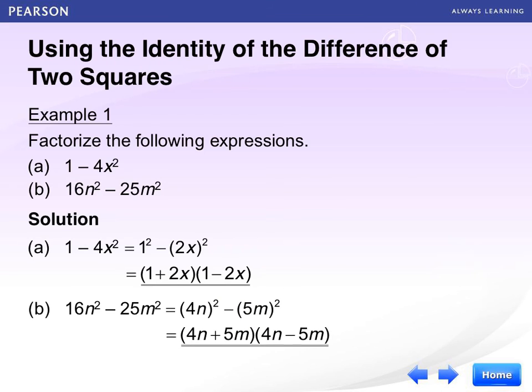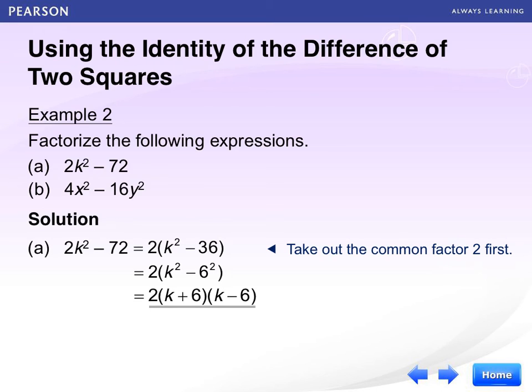And for 16n squared minus 25m squared, these two squares control the n and m only, so the first job you need is to make the 16 and 25 become 4 squared and 5 squared. As a result, it becomes the square of 4n and the square of 5m, so that's why it can become 4n plus 5m times 4n minus 5m.